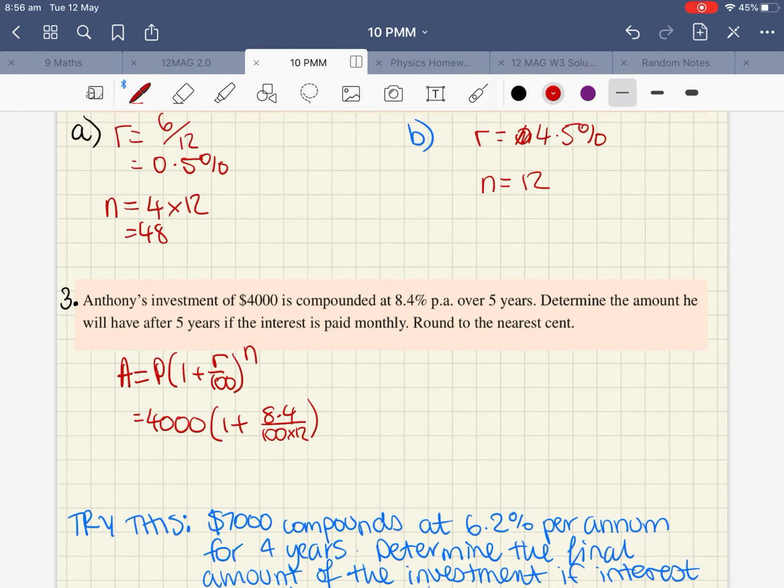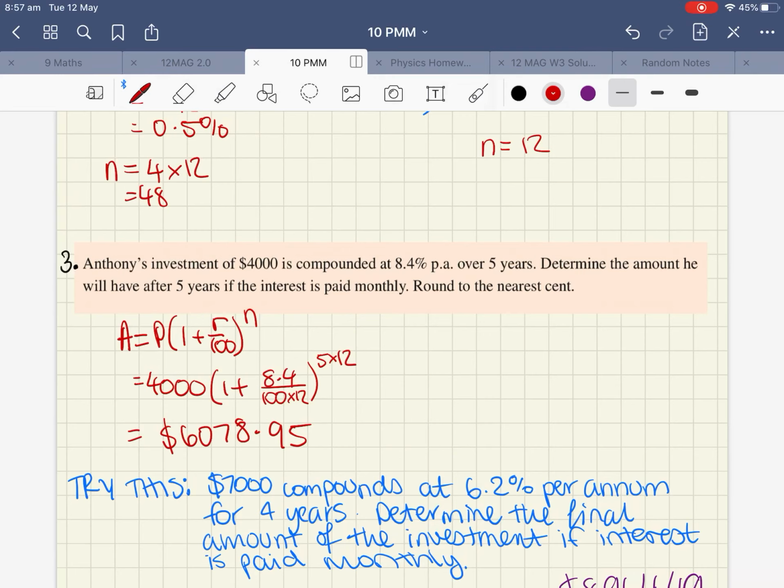To the power of, well, we're not only compounding for 5 years, but 12 times per year. If I pop all of that into my calculator, and guys, I do, where possible, do keep everything in one step. That way you're not rounding or getting any rounding error. If we do all of this, we end up with Anthony's investment equaling $6,078.95.